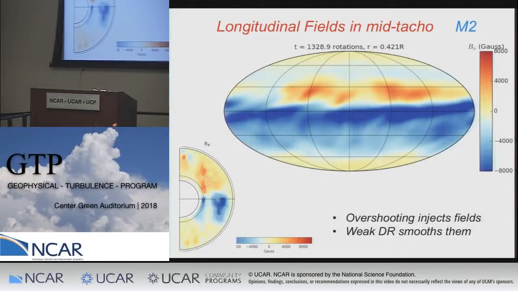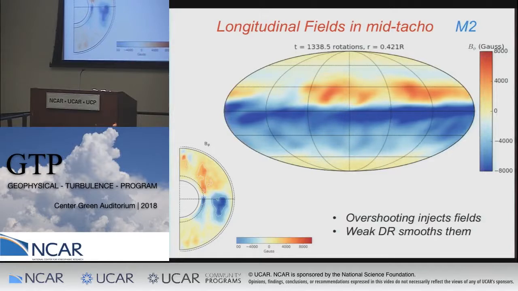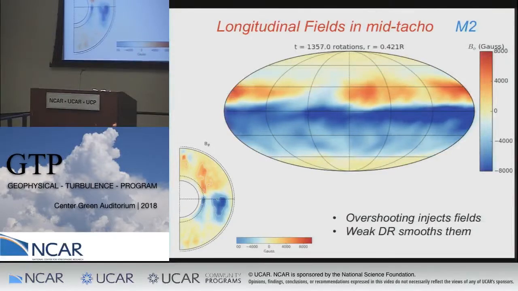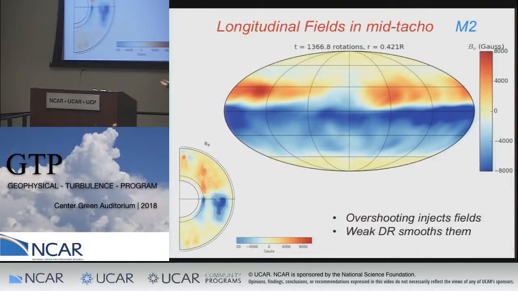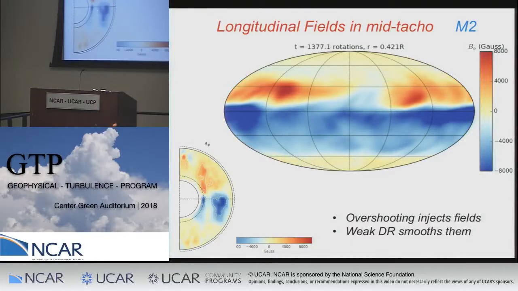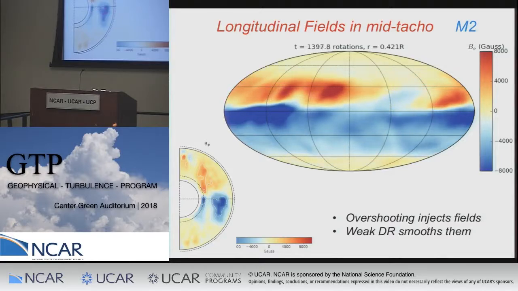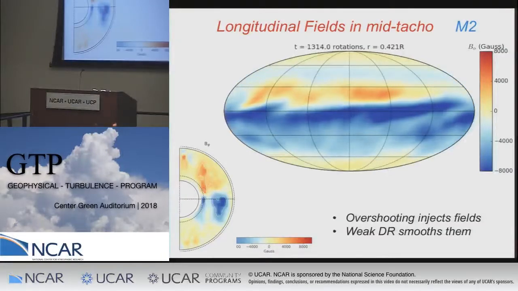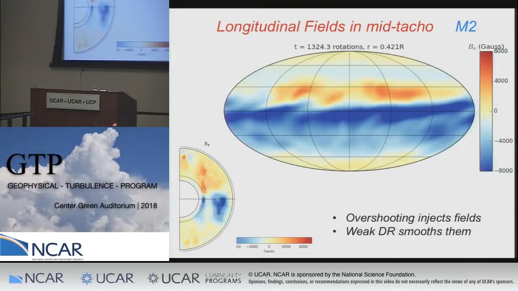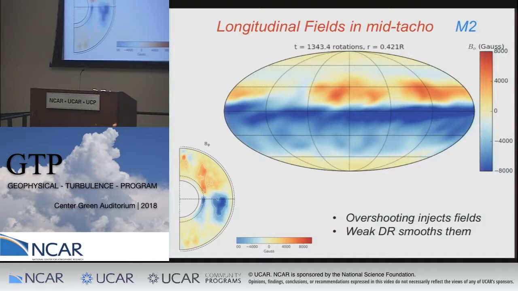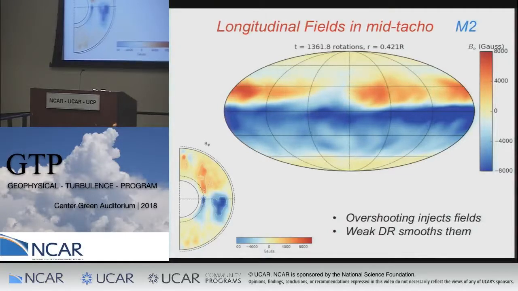If, on the other hand, we also allow there to be a region of penetration below, the behavior at mid-convection zone is very similar to the previous movie. On the other hand, if we ask, well, what do the fields look like in the region of stable stratification? They're much smoother. They still have ripples and bumps. And you might say, well, how is this magnetic field generation occurring?